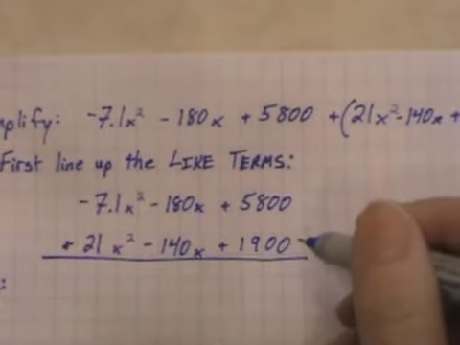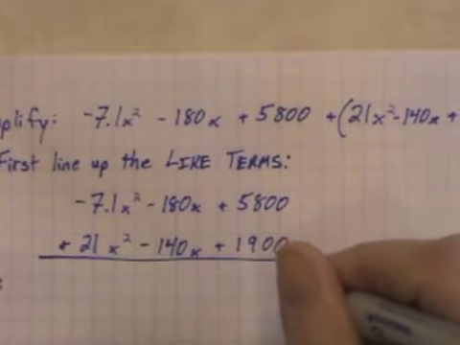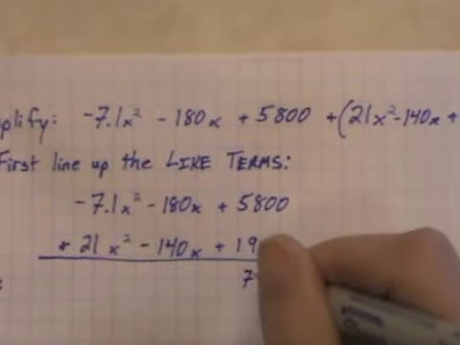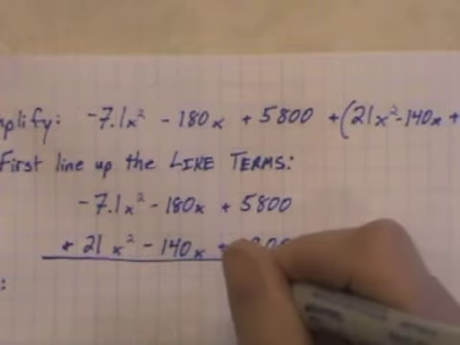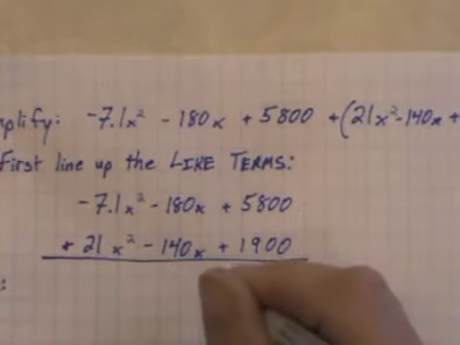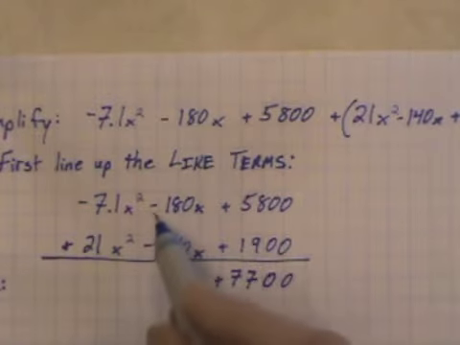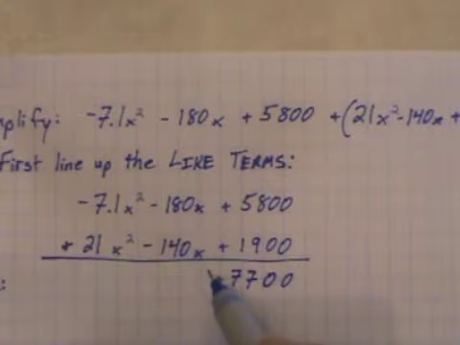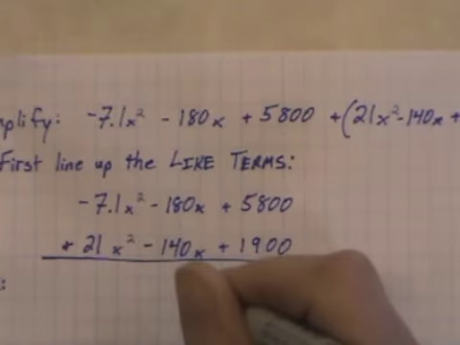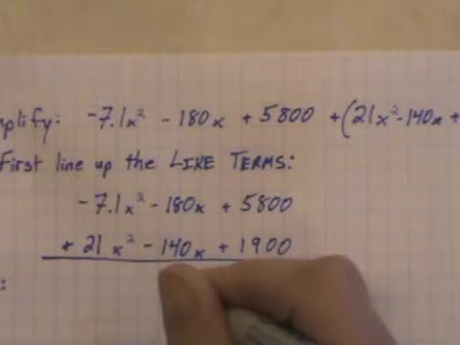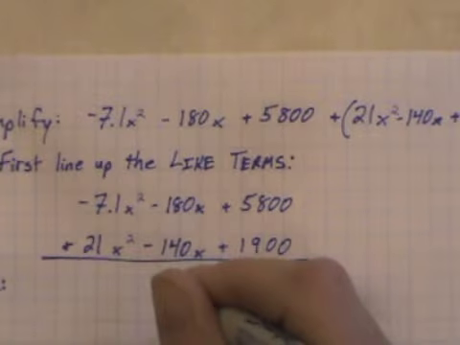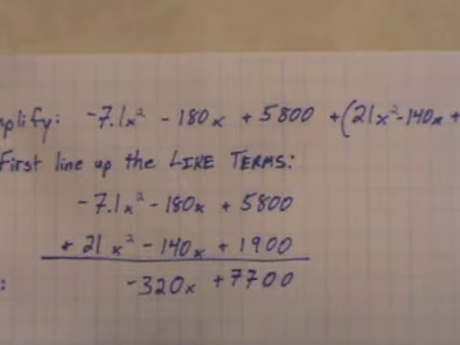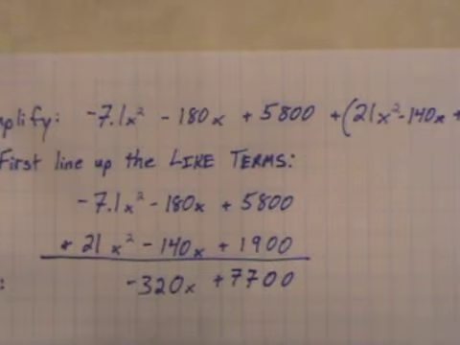This plus that, 0, 0, 7, 7,700, and that's positive. Negative 180x plus negative 140x is going to give us what? Well, don't forget the x. Negative 320x.